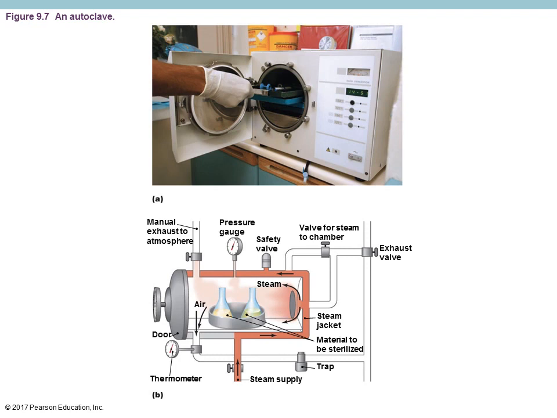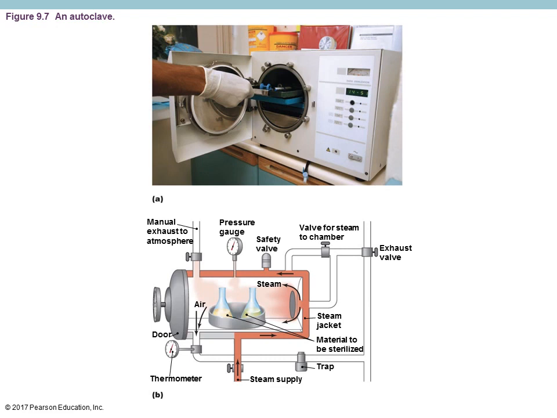When you turn it on, then it heats it up, and as you can see, there are different temperature and pressure gauges. There's a jacket, what they call the jacket. This is that closed, open cavity area around where you have put your articles, and that's where the steam is.